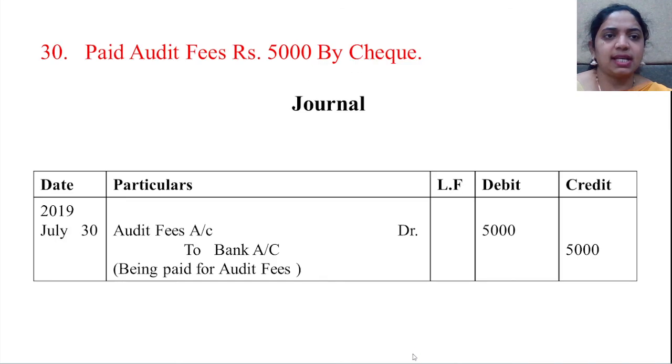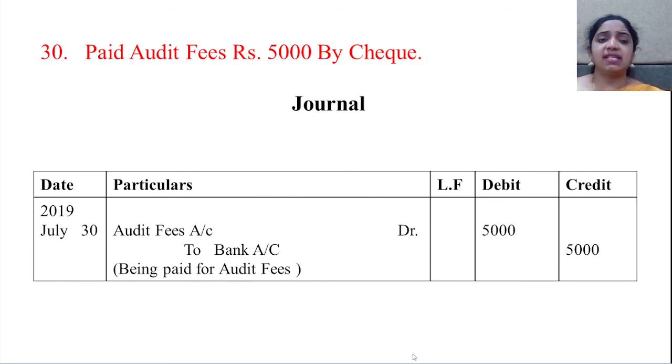And the next transaction is about paid audit fees rupees 5,000 by check. Now audit fees, again paid is there. That means what goes out? Cash goes out. But the word check is given over here. The word check indicates it is related to bank. Of course, check is related with bank.